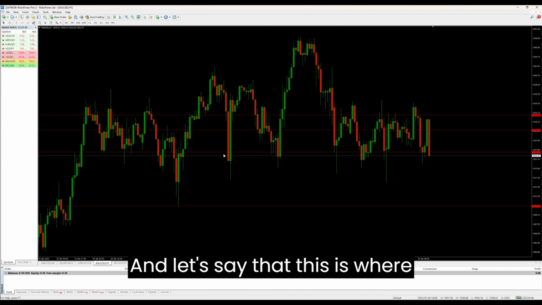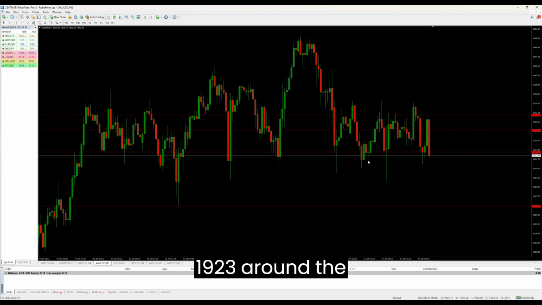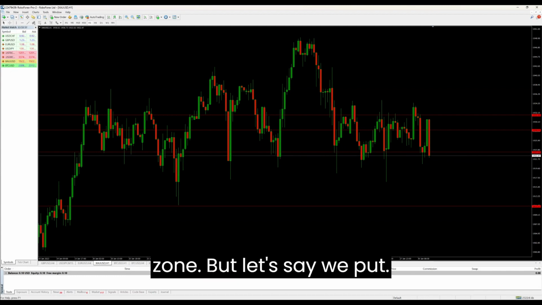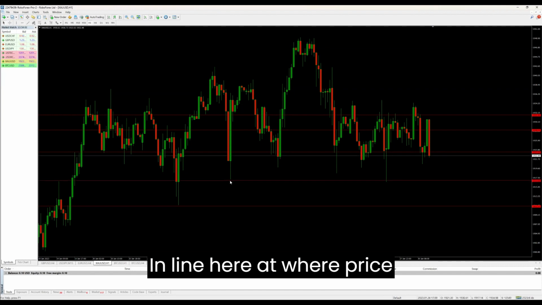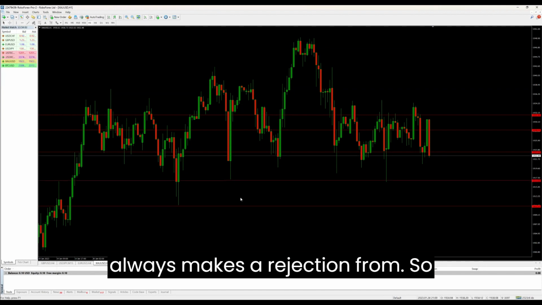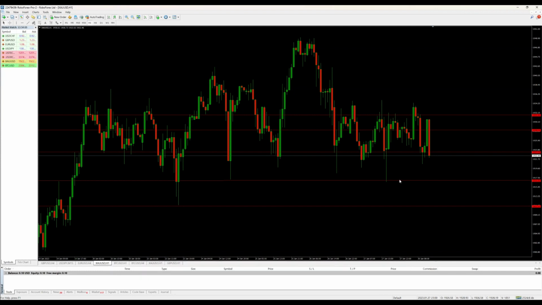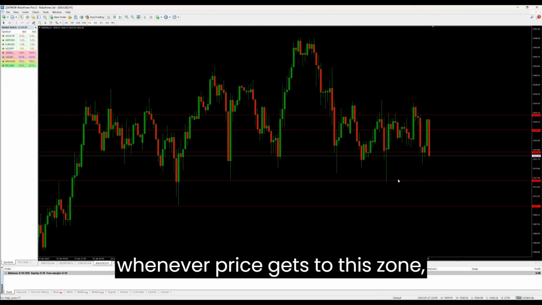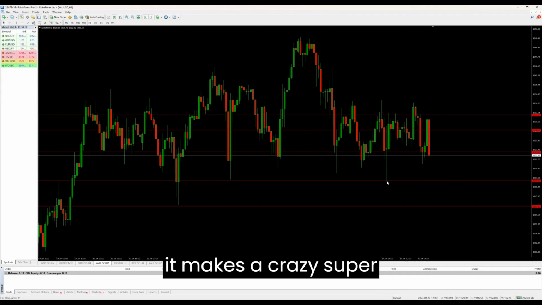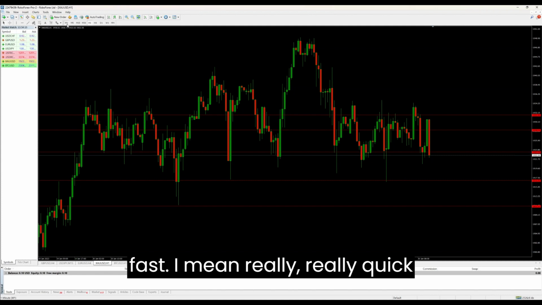And let's say that this is where price usually starts forming, so 1923 around this zone. But let's say we put a line here where price always makes a rejection from. So whenever price gets to this zone, if you've been trading gold, you would know that it makes a crazy, super fast, really quick pullback.